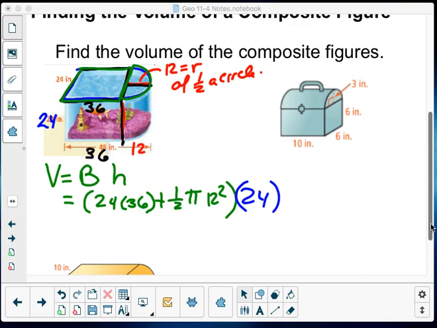I've got 24 times 36 plus 0.5 times pi times 12 squared, and that times 24. And it's going to be 26,164.